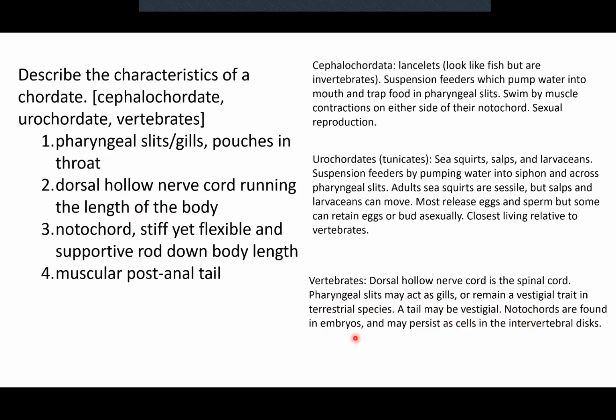Their notochords can be found in embryos, but these can persist still in cells, such as the intervertebral discs. Very interesting if you look up notochords in humans and the remnants of that in the cells.